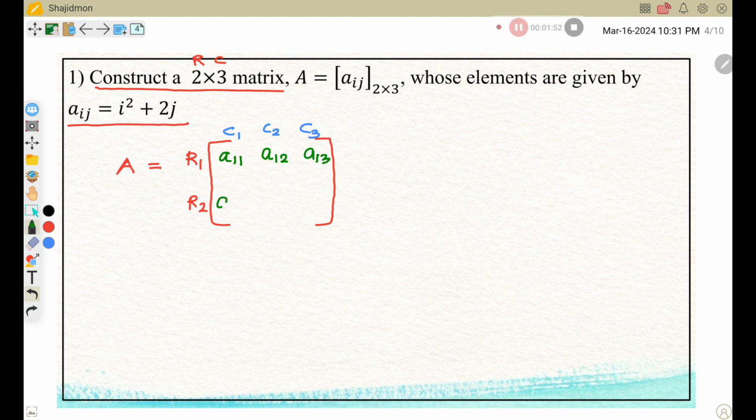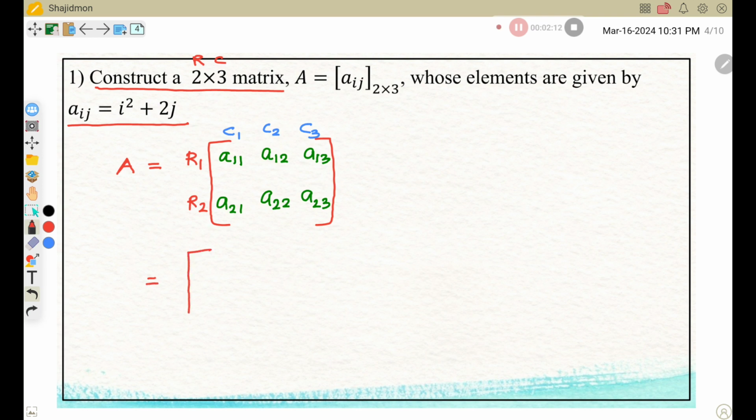In a similar way, second row, first column A21, second row, second column A22, and second row, third column A23. That means we need to calculate 6 numbers, 2 multiply 3, one by one.